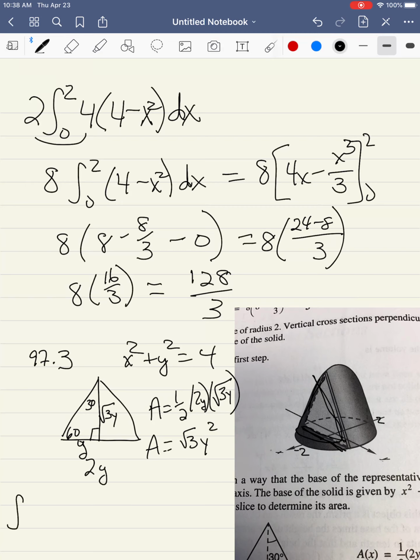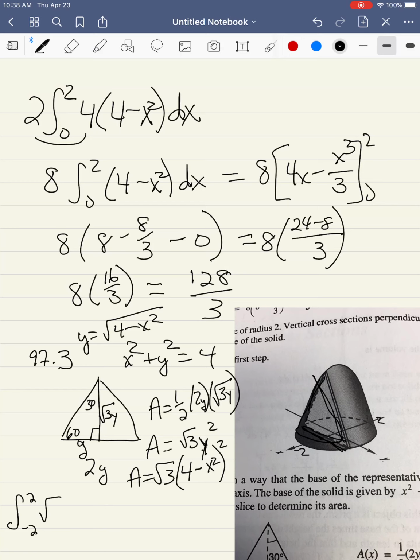But here again, we're going to integrate from x equals -2 to +2. So we need this to be in terms of x. So remember, y was equal to the square root of 4 minus x squared. So we just put that in right here. Square root of 3 times 4 minus x squared squared. So that's the area of one triangle in terms of x.